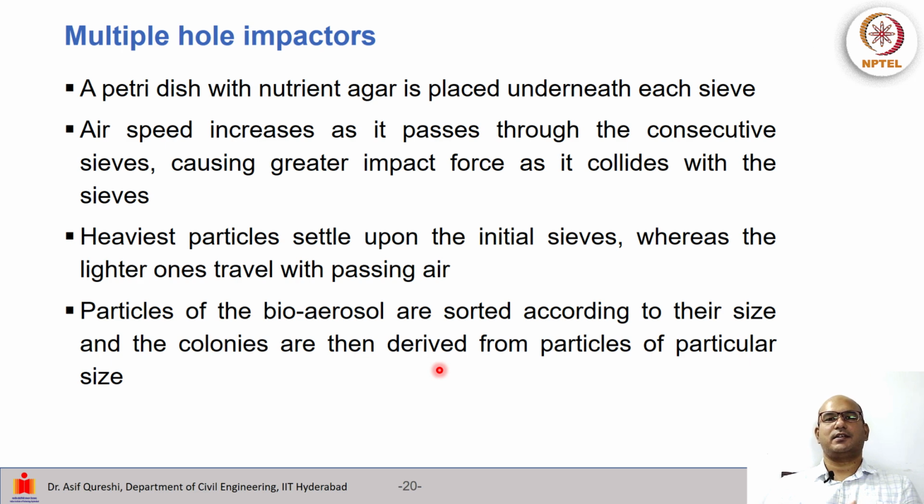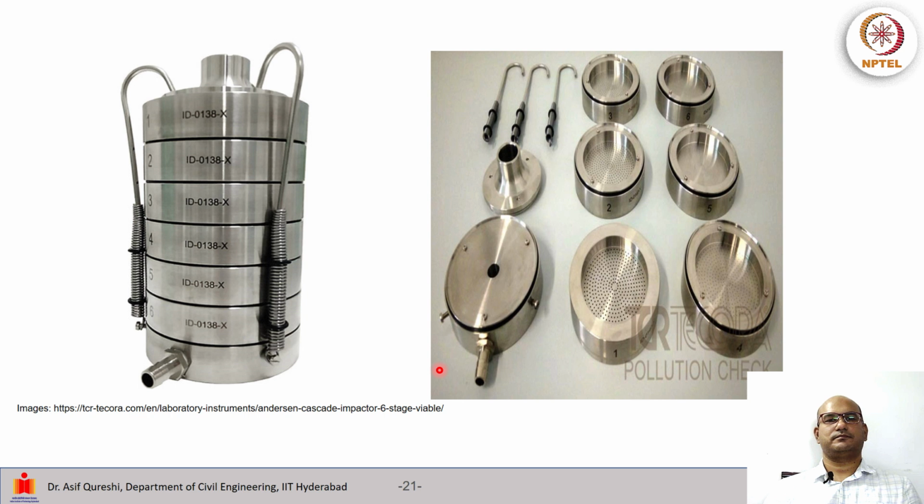So we can relate those colonies to the sizes of the bioaerosols as well. This is an example. This is our 6 stage impactor. These are the sieves, and you can see they are numbered 1, 2, 3, 4, 5, 6. So they can be arranged in that order, and this is our air.